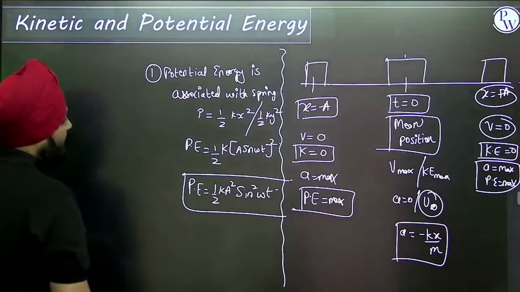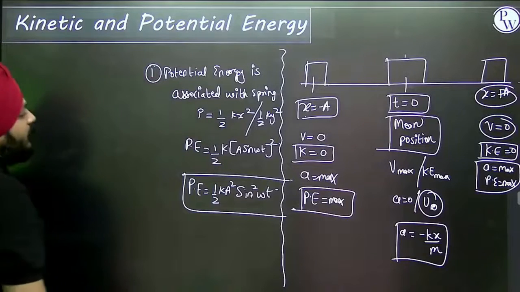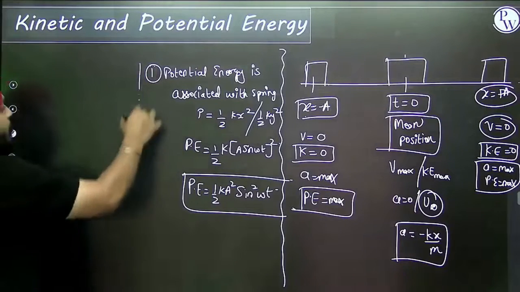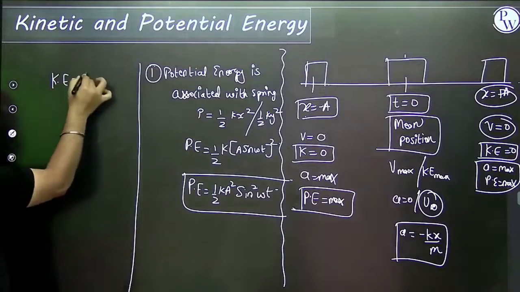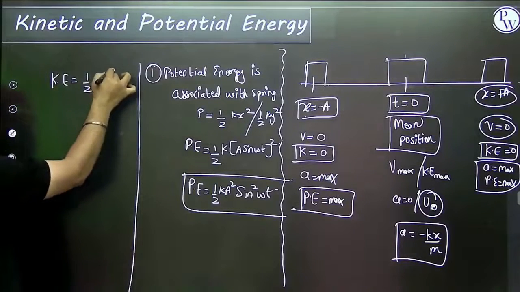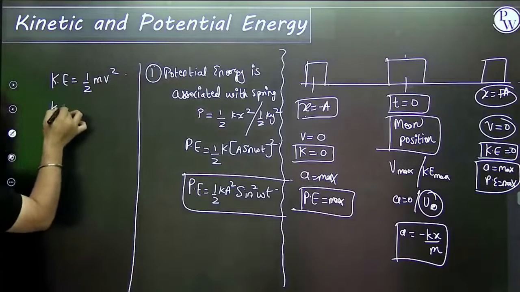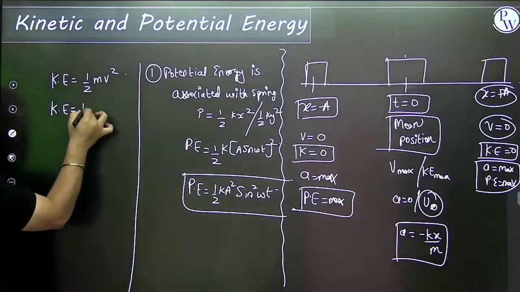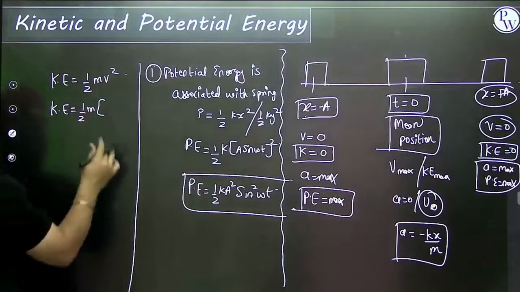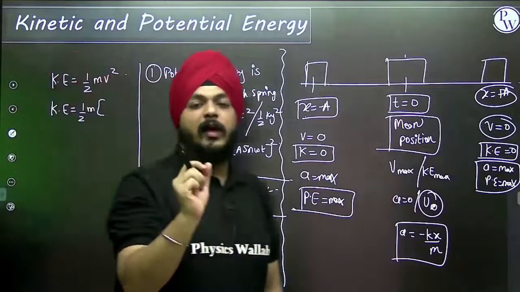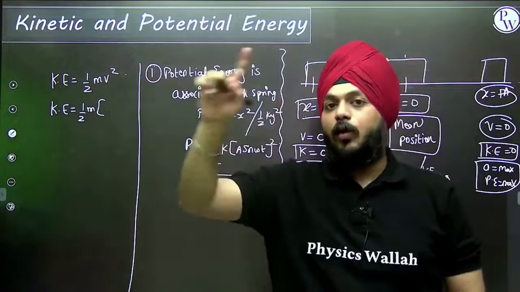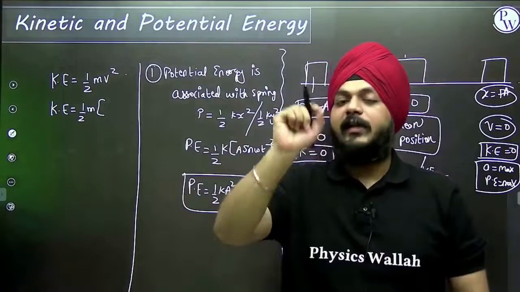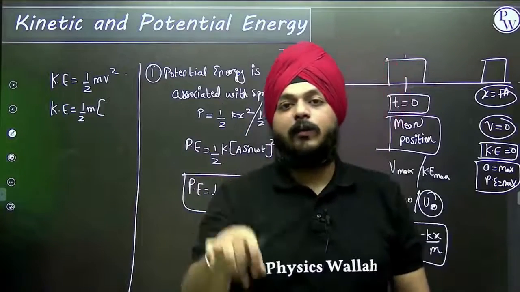Now let's move on to the next equation, that is the equation of the kinetic energy, half mv square. There are two equations of the velocity. One is v is equal to a omega cos of omega t, and the second is v is equal to omega under root of a square minus x square.